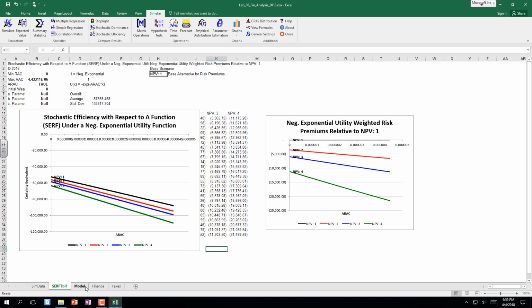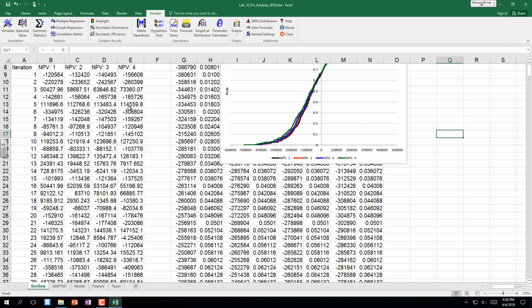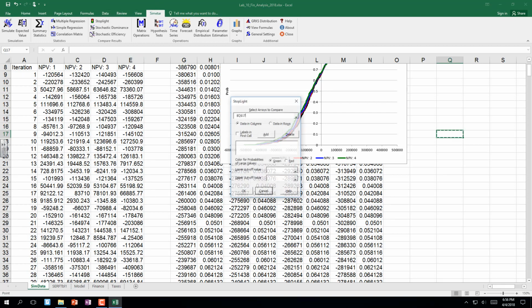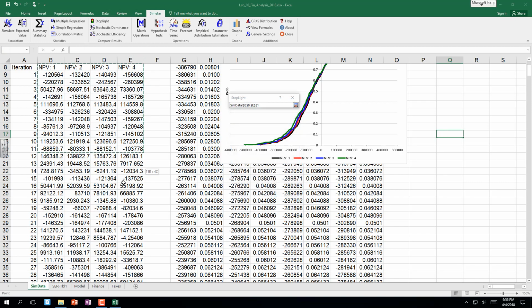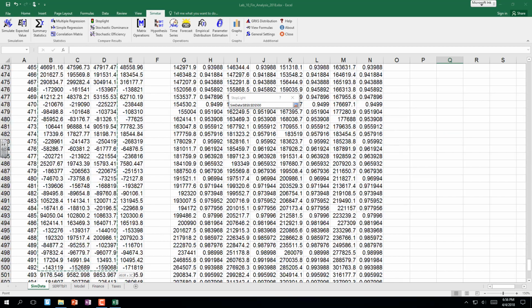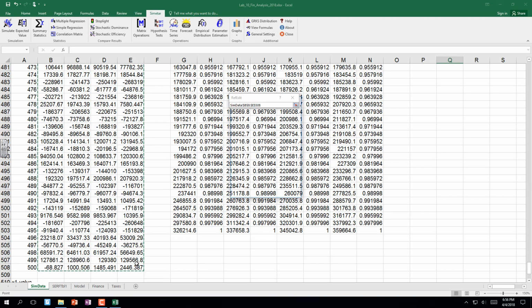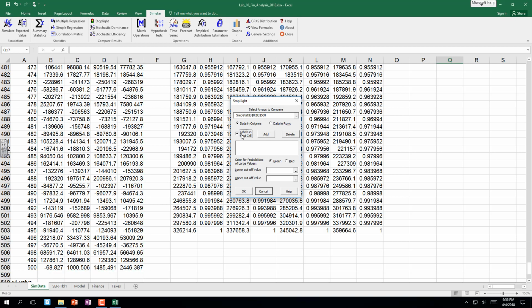Now, next thing we can do with this is we can run a stoplight. Cells, add. 0 is always a good number to put in for the bottom on the net present value.